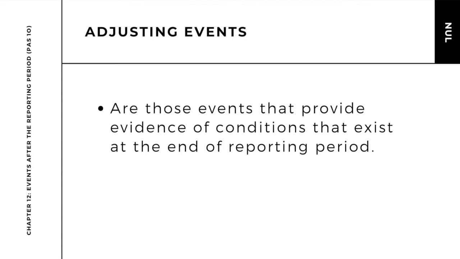So, what exactly are adjusting events? Adjusting events after the reporting period are those that provide evidence of conditions that exist at the end of the reporting period. In other words, these events might have happened after the end of the reporting period, but they were a result or a consequence of something already in existence.